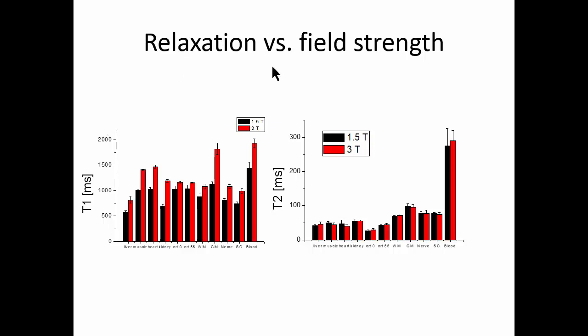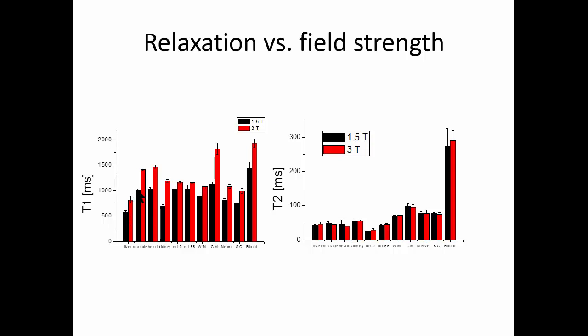So, coming back to relaxation and the field strengths, this is another misunderstanding in the field. We all know, and we expect, that T1 relaxation increases with the magnetic field simply because we increase the gap between the different energy states, and therefore it's difficult for a spin to come back to its initial position. It doesn't scale linearly.